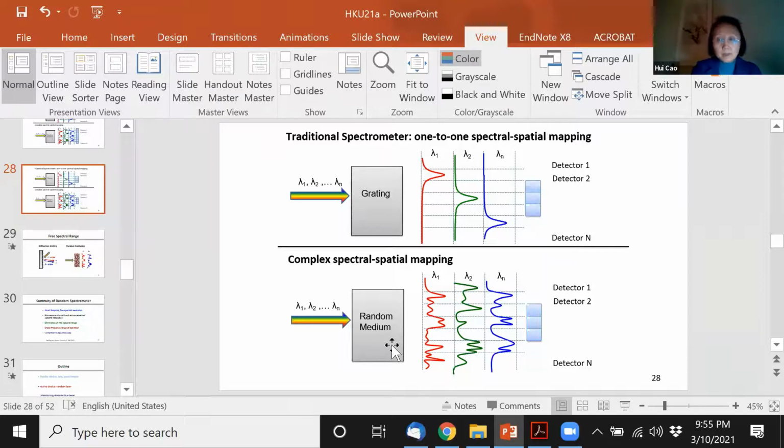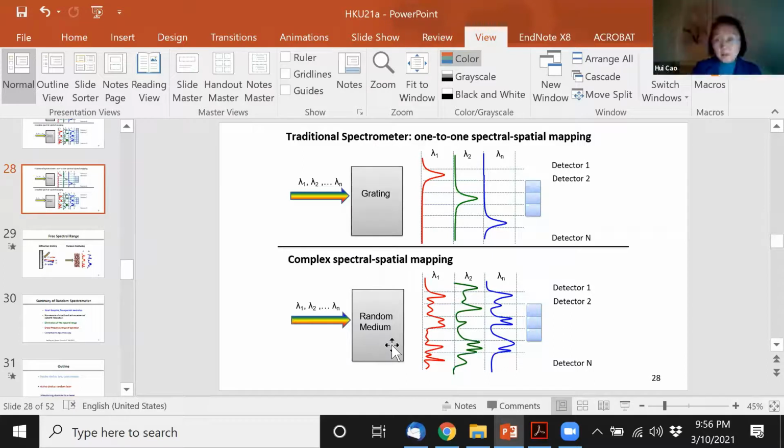Right, I see. A follow-up question: the speckle, or the scattering itself, is highly dependent on the wavelength as well, right? Does that mean such a spectrometer is highly dependent on wavelength? I think this kind of spectrometer is highly dependent on the scattering phenomenon. Yes, it is.